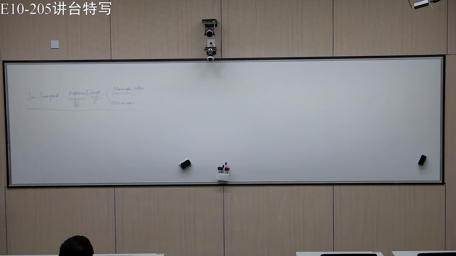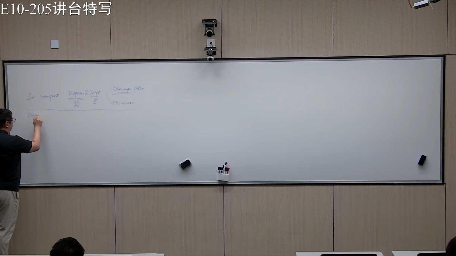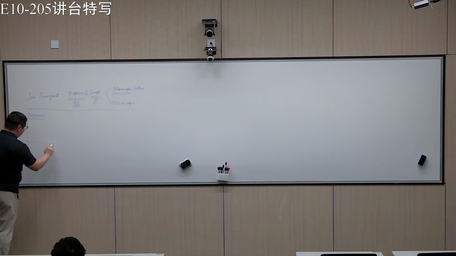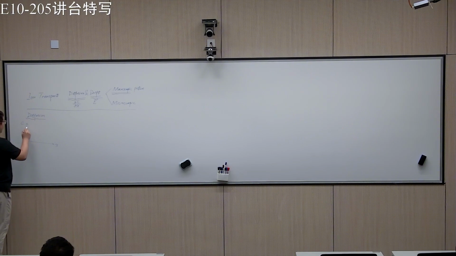So we first talk about diffusion. Diffusion is quite easy to understand. For example, in this one-dimensional case, the concentration at position 1 is higher than at position 2.